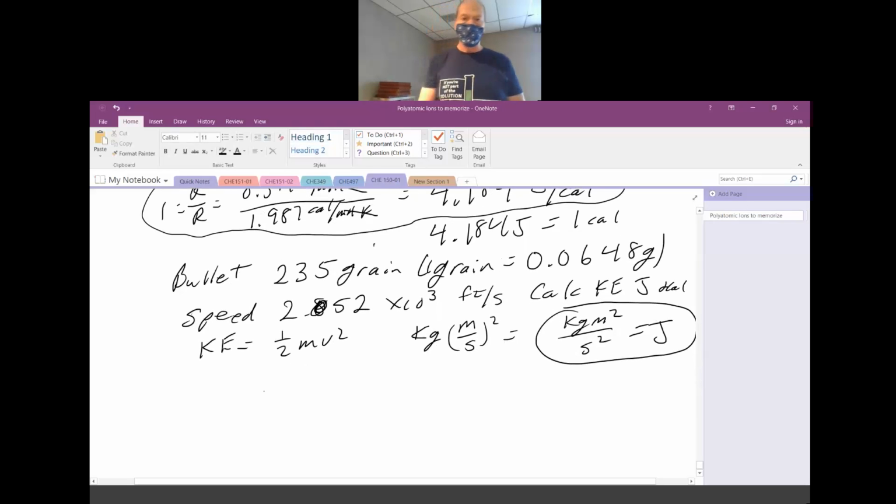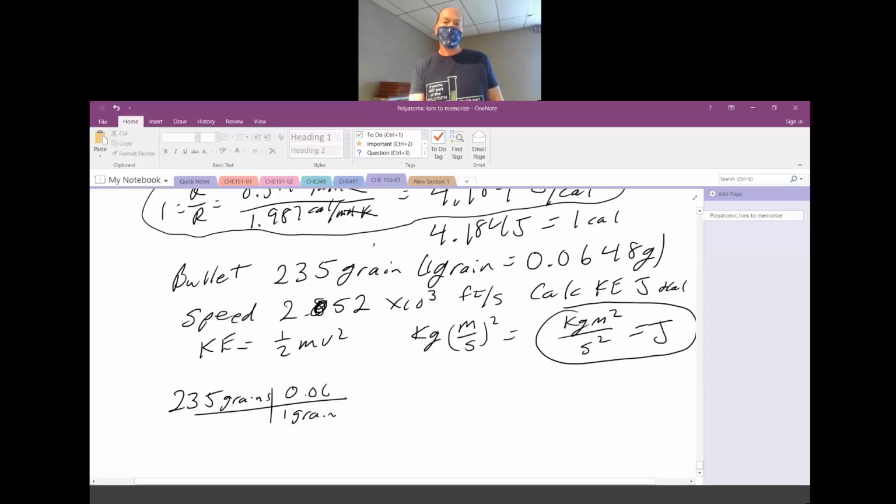and get our answer in joules. All right, so you take your 235 grains, and you have 1 grain is 0.0648 grams, but we want that in kilograms. All right, so kilograms, kilo is 10 to the third, so 1 times 10 to the third. So your grams will cancel, your grains will cancel, and you now have the mass of the bullet in kilograms.